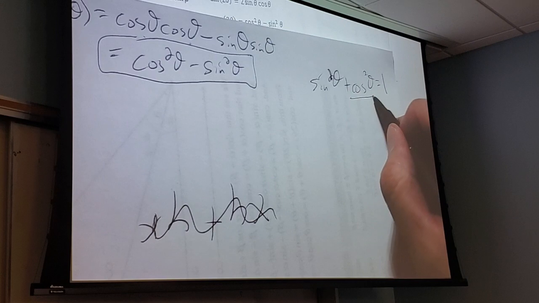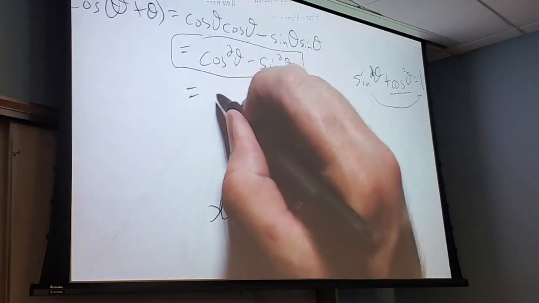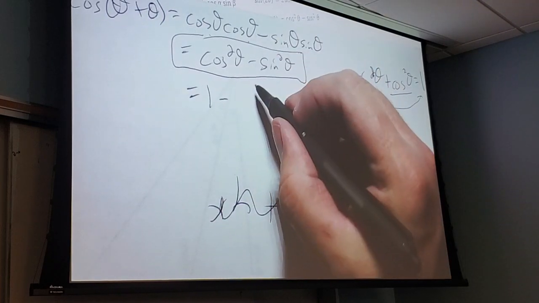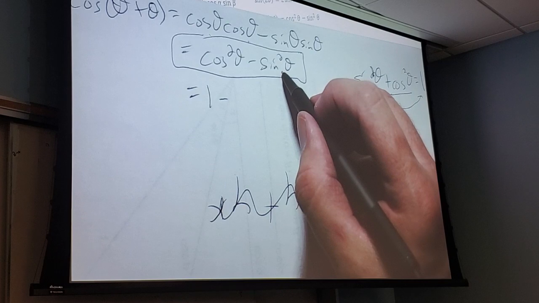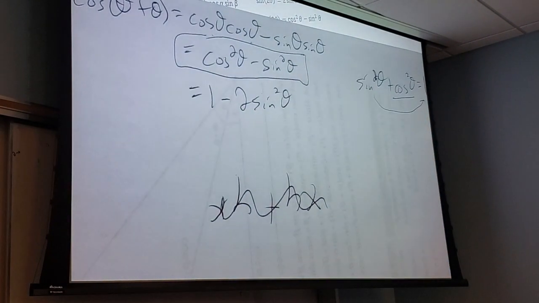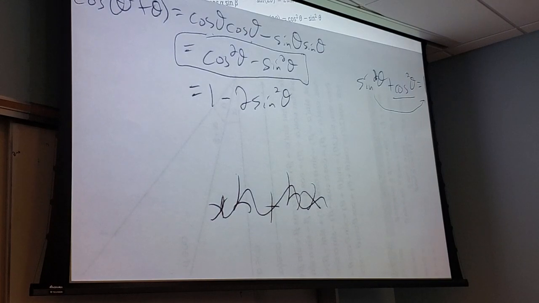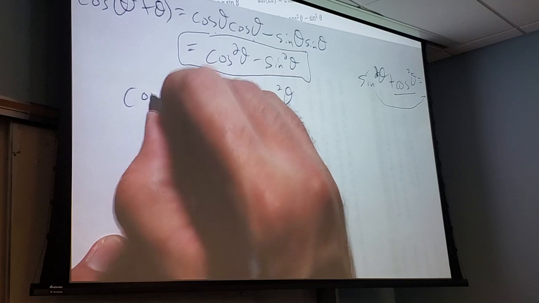So if I solve for cosine squared, don't I just subtract sine squared? So isn't cosine squared equal to 1 minus sine squared? And don't I have another minus sine squared? So isn't this 1 minus 2 sine squared?